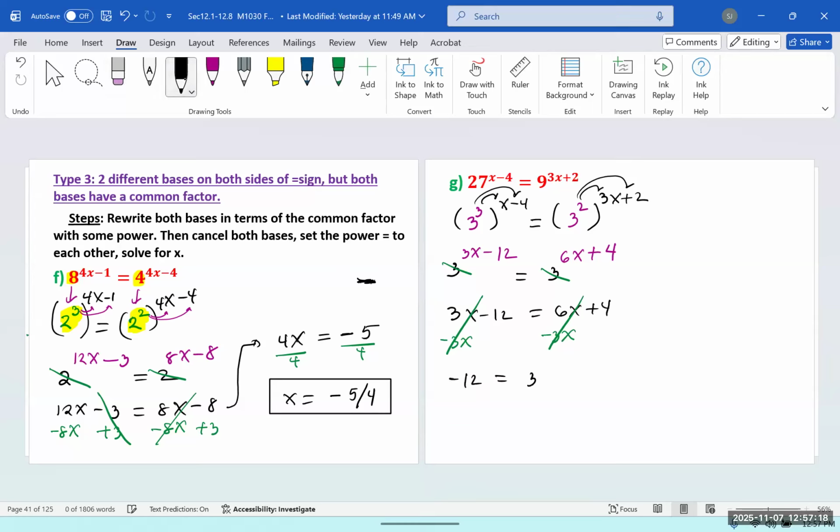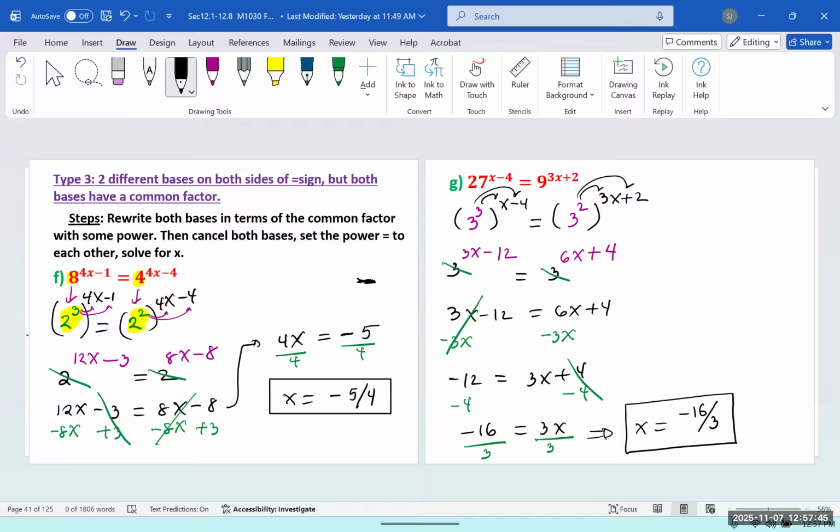What do we do? 3x plus 4. Move 4 from the side, so negative 16 equals 3x. Divided by 3, x equals negative 16/3. Any questions? This is correct, right? Good job.